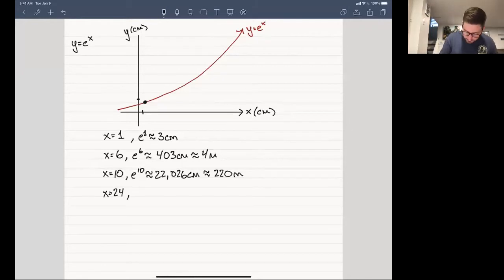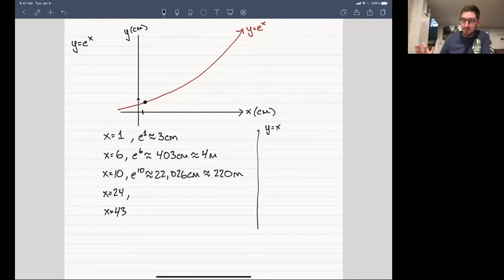And finally, if I take x equal to 43, less than half of a meter, this graph, technically, if I could just keep drawing straight up vertically, is high enough to reach past the sun's closest stellar neighbor, right? So we're going all the way to Proxima Centauri, if I could imagine drawing that. So that's ridiculous, right? For example, if you want to compare this with the growth rate of, say, y equal to x.